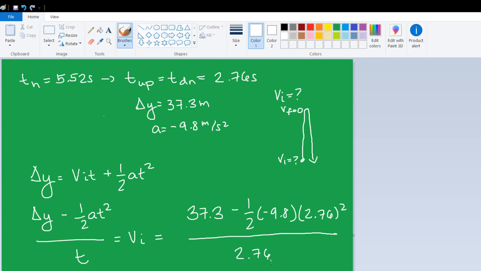So that's 37.3 minus 1/2 times negative 9.8 times 2.76 squared all over 2.76 gives me a value of 27.0 meters per second.